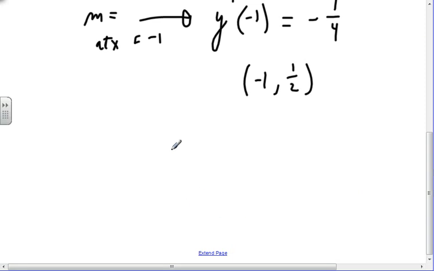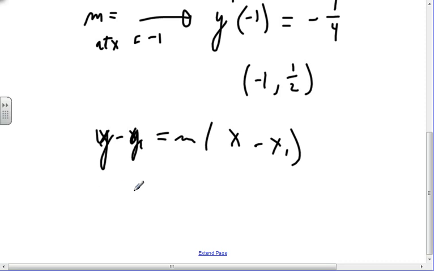Okay, so our point slope formula says y minus y1 is the slope times x minus x1. All right, so that's our formula. I think that's in the front cover of our book. Yes, it is, sitting in the front cover of the book on the left-hand side.